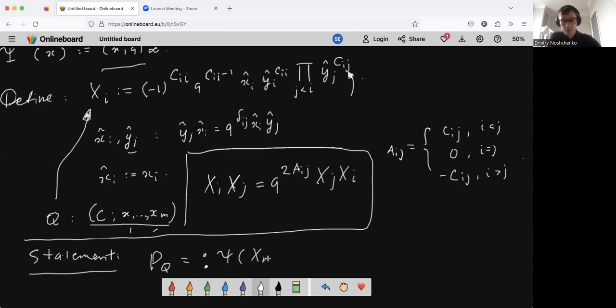So this would be given by psi of xm, psi of x m minus 1, down to psi of x1. These operators must act on the identity, so just on one. Then one computes the normal ordered product.